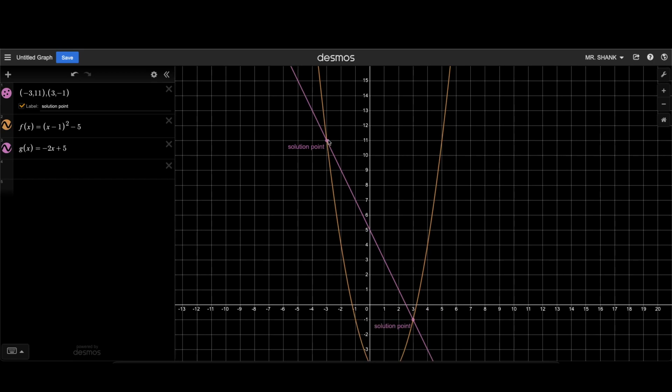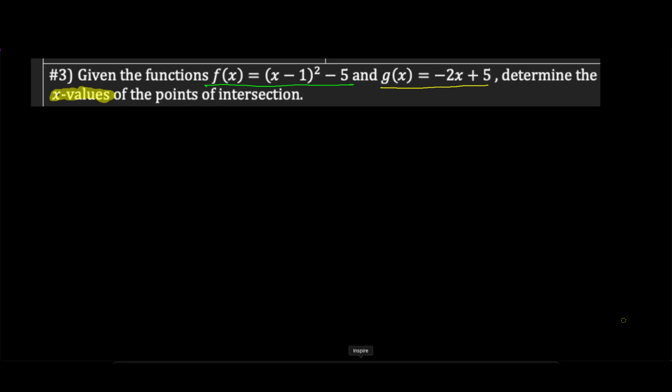Again, find the x and y coordinates for both of those, and then we can say, okay, what is going to be my x value for the situation? So let me write some of this stuff down. Again, feel free to pause, rewind, anything you need to at any time. I have solutions, plural. I have solutions at -3, 11, and +3, -1.